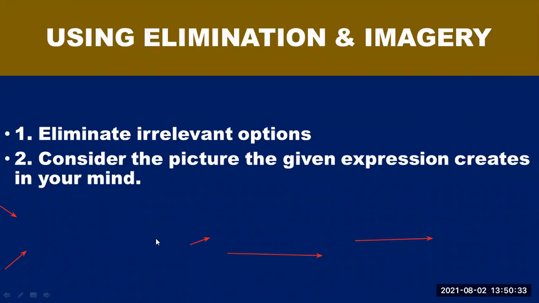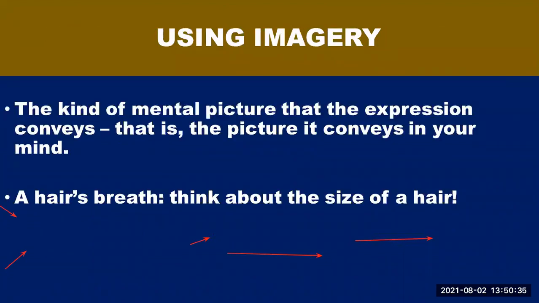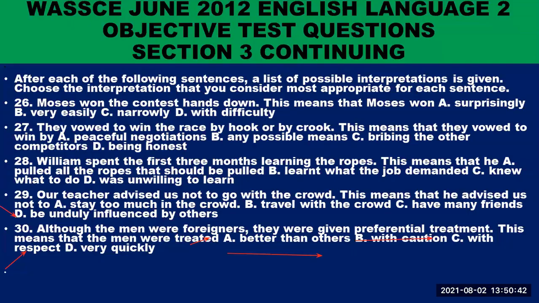Question 26. Moses won the contest hands down. This means that Moses won A, surprisingly, B, very easily, C, narrowly, D, with difficulty. Now let's use the imagery method, if I may say so. What kind of image does it create in your mind?